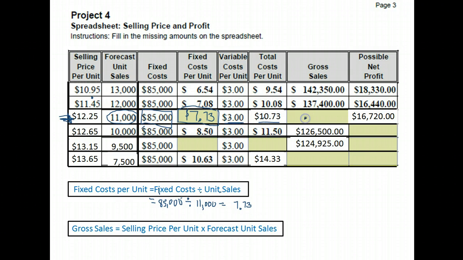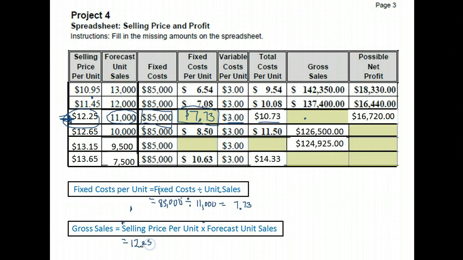The other thing they want to know is the gross sales. Well, gross sales is your total before you take out your costs. So for gross sales, like it says down here, is your selling price times the number of units you're going to sell. So let's find that information. What was our selling price per unit? It was $12.25.